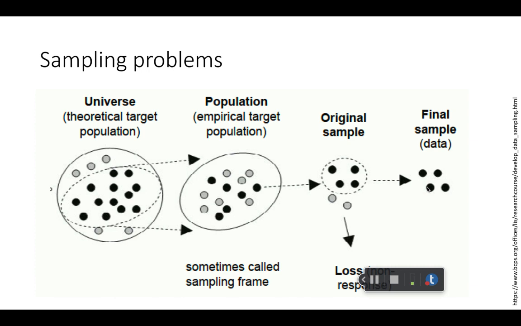And then from the sampling frame, we identify a random sample, but that sample could be altered by loss or differential attrition. So people might leave our sample for certain reasons, and that introduces some bias in the final sample. So these are problems that could be encountered in probability samples that would compromise our ability to generalize from sample data to population parameters.